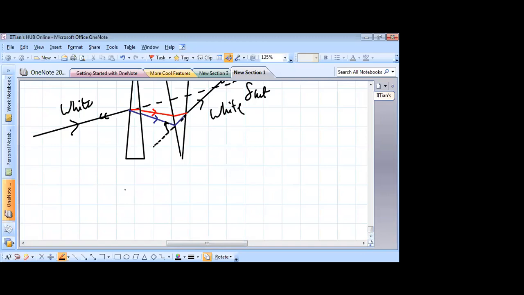So for this to happen, the angular dispersion of the first one should cancel with the angular dispersion of the second. So mu v minus mu r into A should be equal to mu v prime minus mu r prime into A prime.